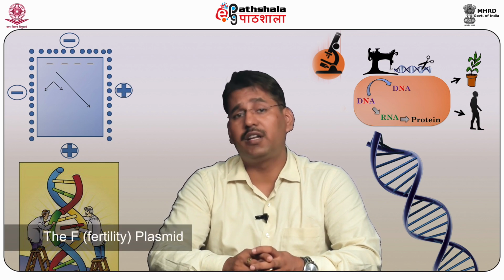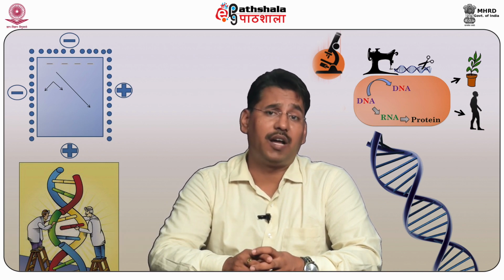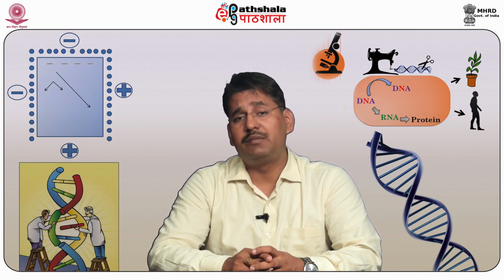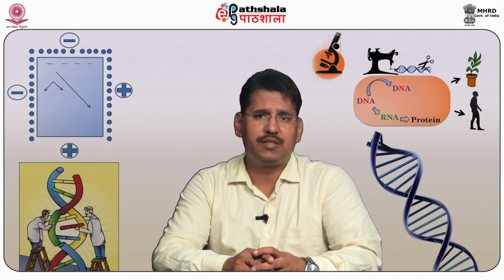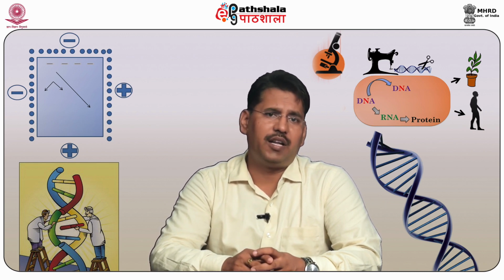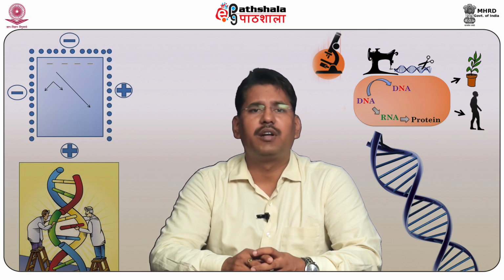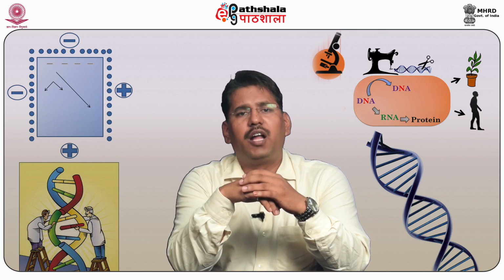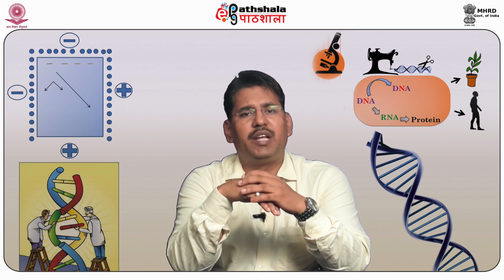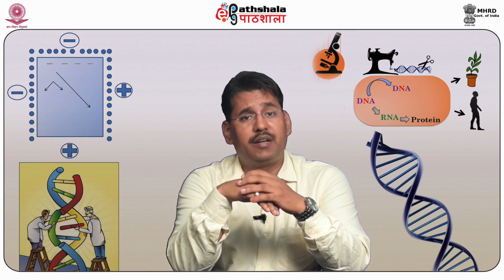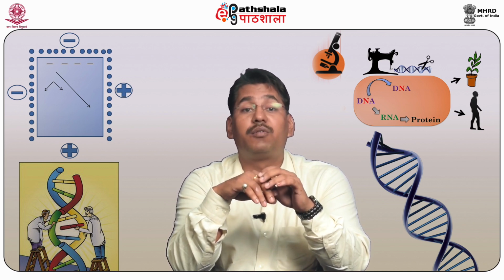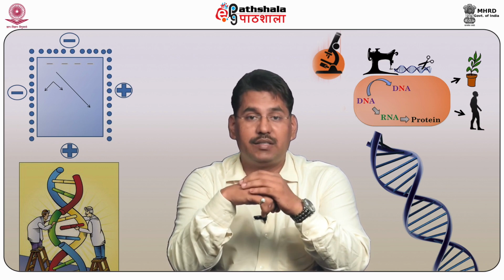The F fertility plasmid is relatively large and vectors derived from it have a higher capacity than normal plasmid vectors. F plasmids have a fertility factor which controls the replication and maintains a low copy number. Also, conjugation can take place between F plus bacteria, that is male, and F minus bacteria, that is female, to transfer the F plasmid via pilus.